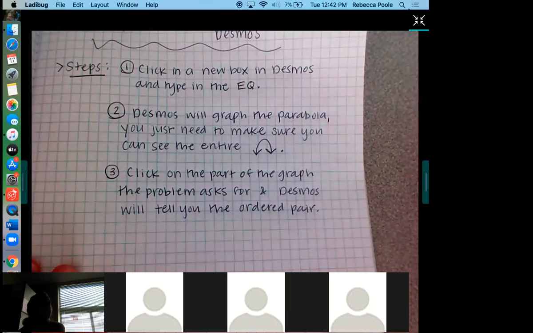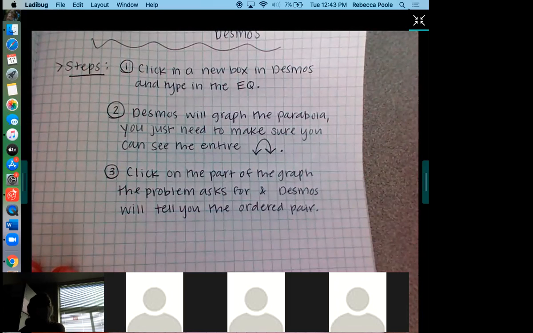There's your notes for today. That's it. So basically, I'm going to give you an equation while you're still writing. You'll go put the equation in Desmos, and then you'll be able to look at the graph. And we should know how to find all of our features from a graph now.